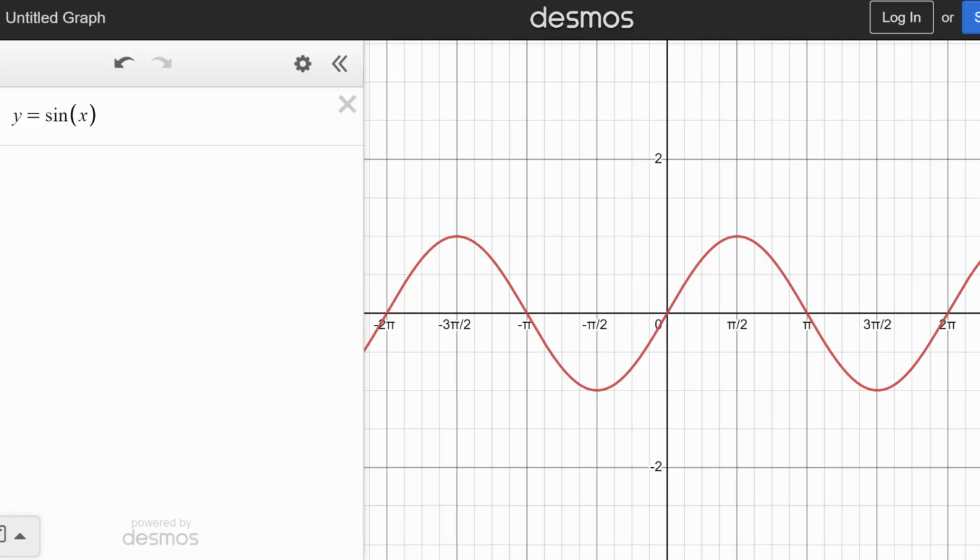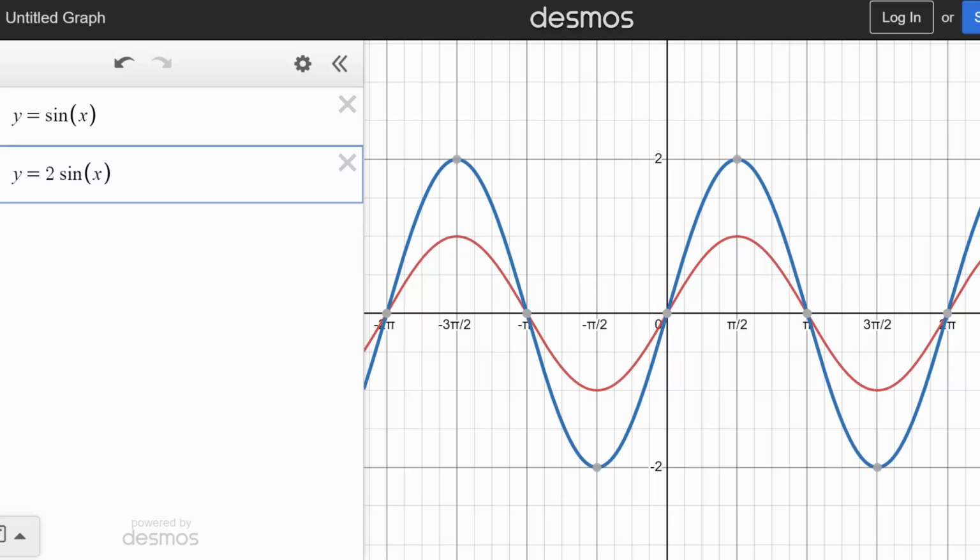And we can see here we're using the online graphing calculator Desmos, which is a free graphing calculator. And right now we have the sine of x plotted, but if I add in another equation here, we can look at y is equal to twice the sine of x, and we can see it essentially stretched the amplitude by that factor of 2.